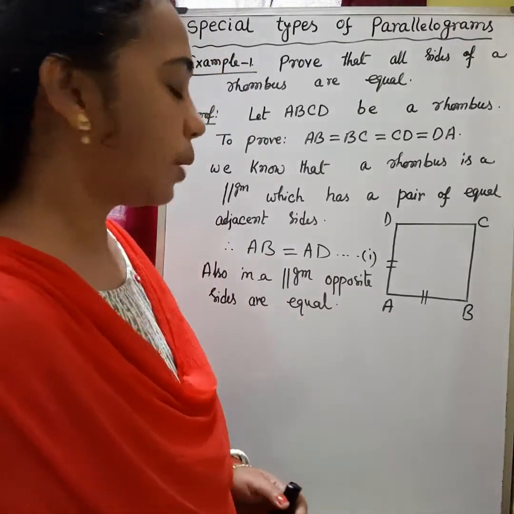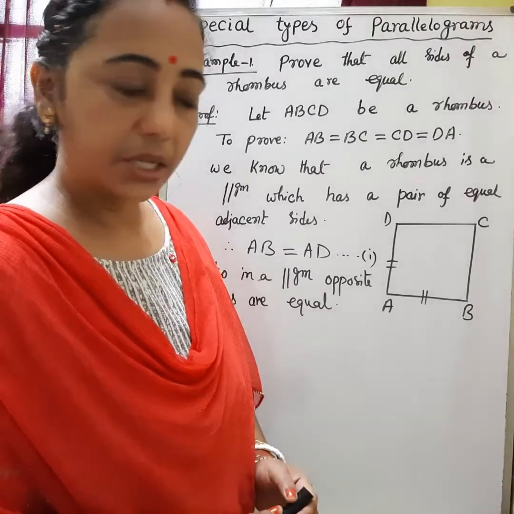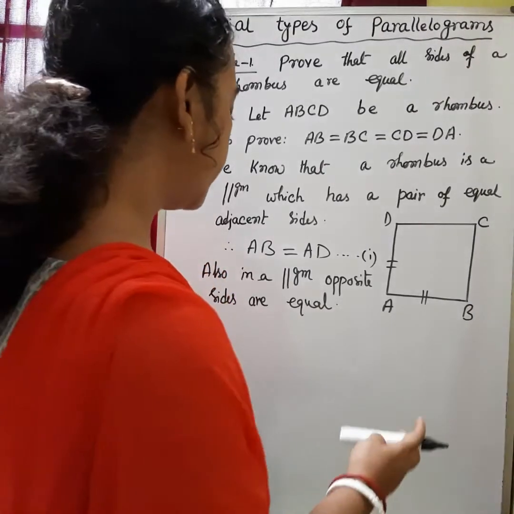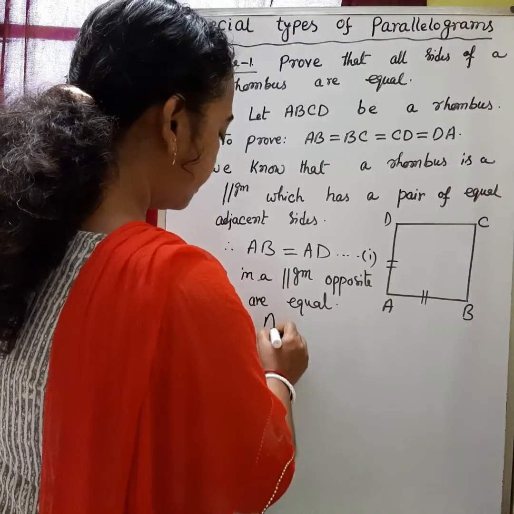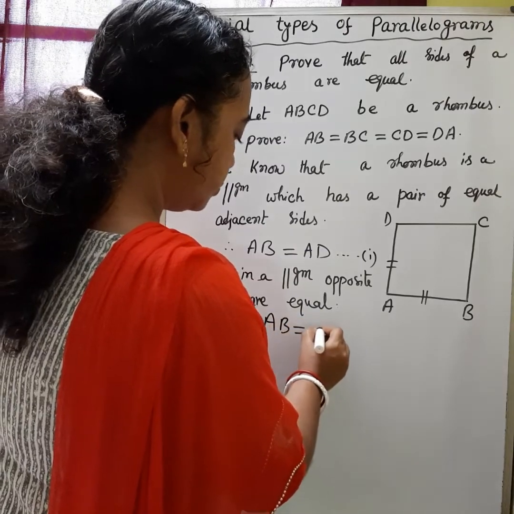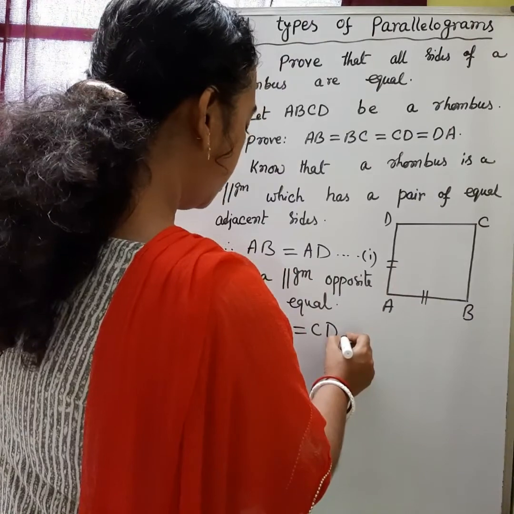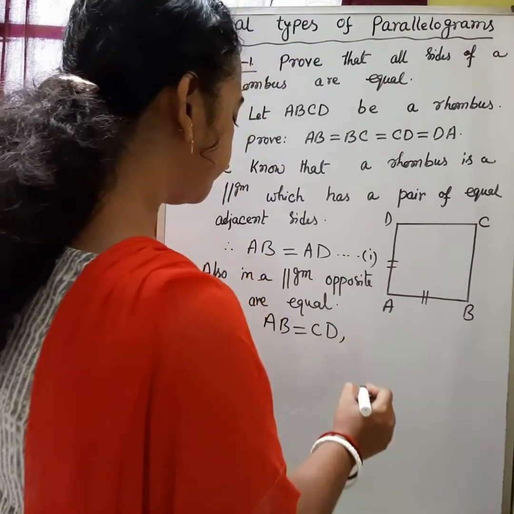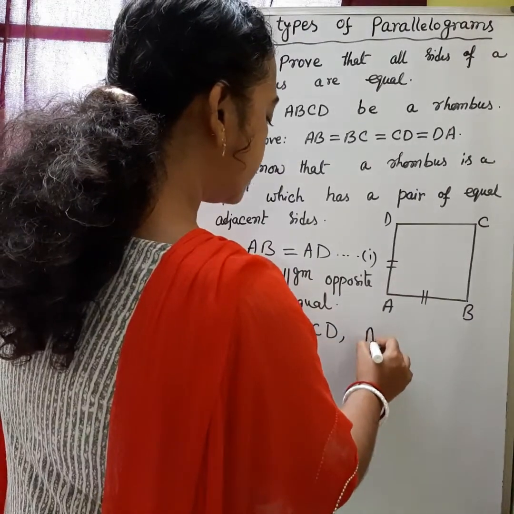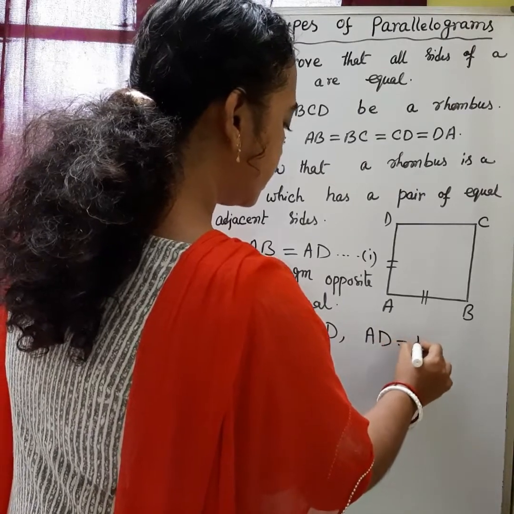Also in a parallelogram, opposite sides are equal. So from the figure we can write AB is equal to CD. These two are opposite sides, so they are equal. Also AD is equal to BC.